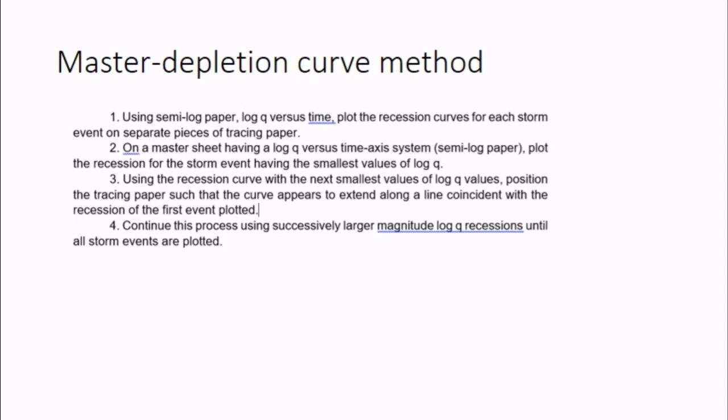Dapat makita mo yung trend ng mga recession curves. Continue this process using successively larger magnitude log Q recessions until all storm events are plotted. Kung meron kang 5 storm events na may mga recession curves, ipa-plot mo siya isa-isa dun sa tracing paper para hanggang sa makakuha ka ng isang line. Then, yung line na yun yung tinatawag na Master-depletion curve.